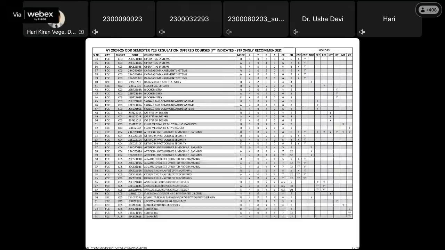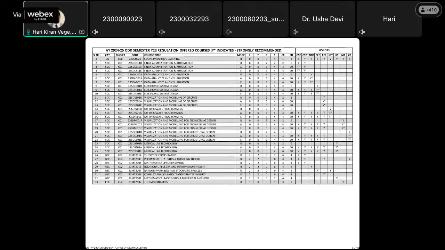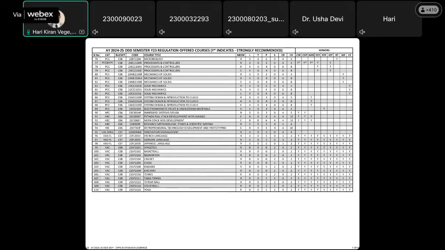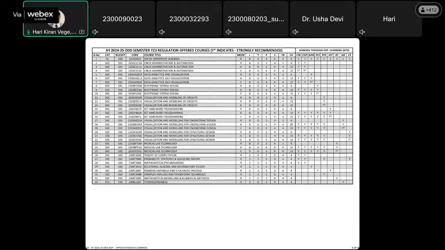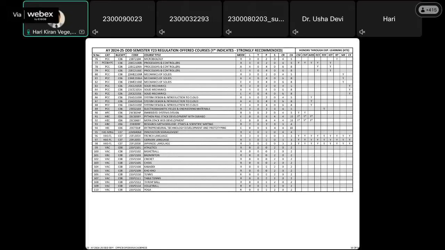So depending on whether you're a regular student or an honors student or an honors through experiential learning student, you can check that corresponding page. Say, suppose I'm a honors through experiential learning student, then I would check pages 8, 9, and 10. That's because that is where I have honors through experiential learning recommendations for the courses.